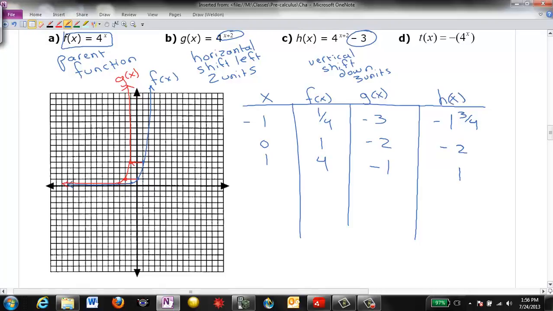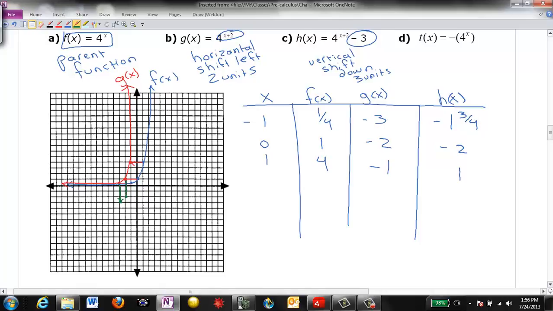So I'm going to take my red function and I'm just going to move down 3 units from there. So let's do that. This point is going to move down here. So now 1, 2, and 3. I'm going to take this point, I'm going to go down 3, 1, 2, 3.